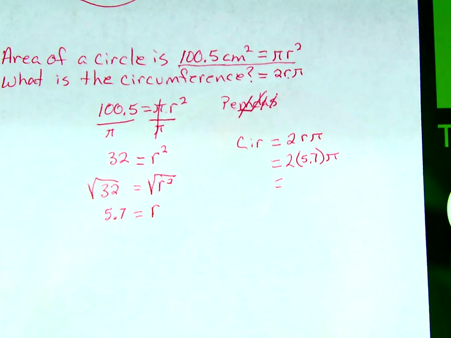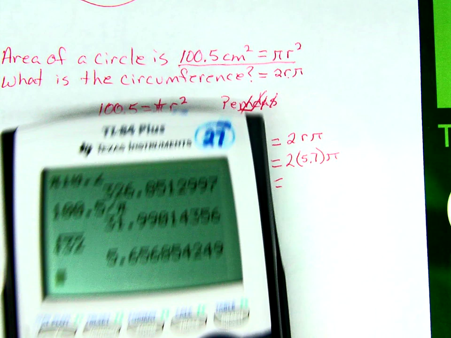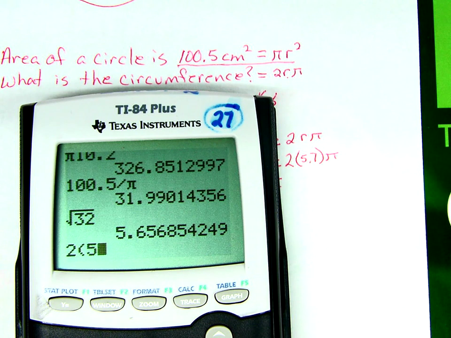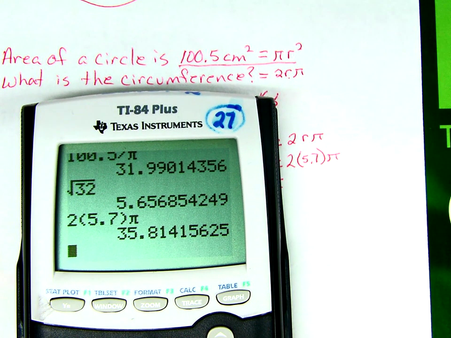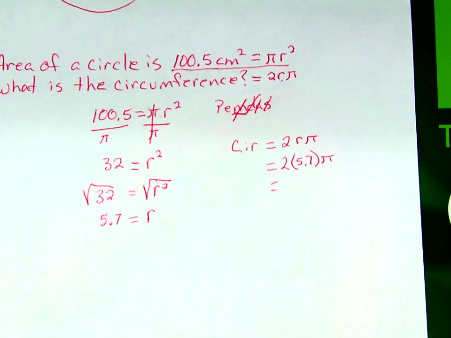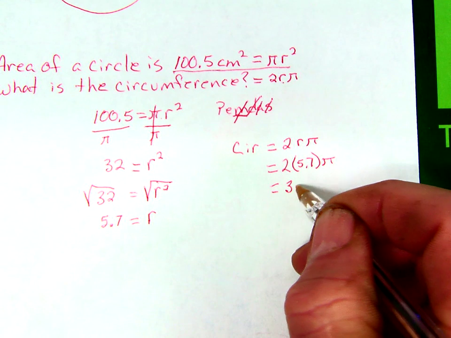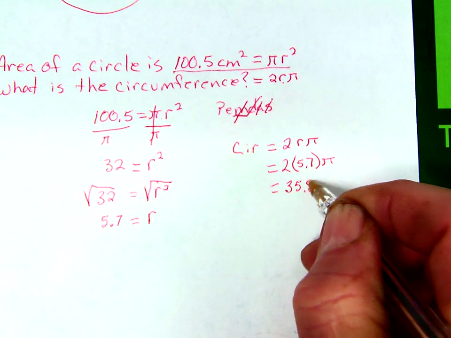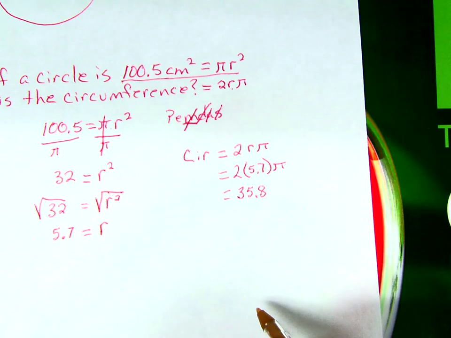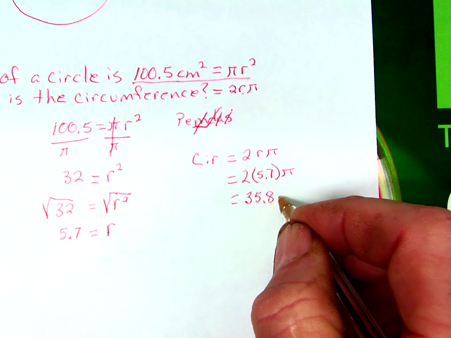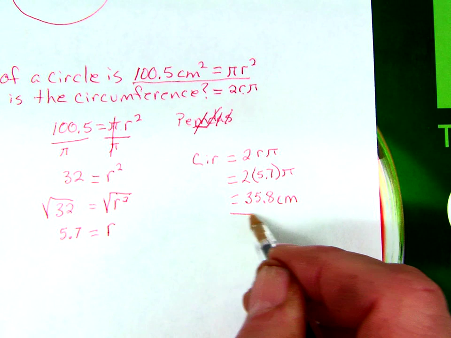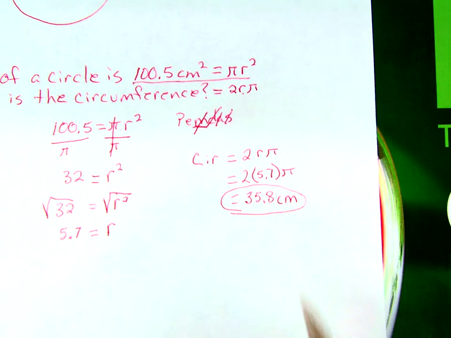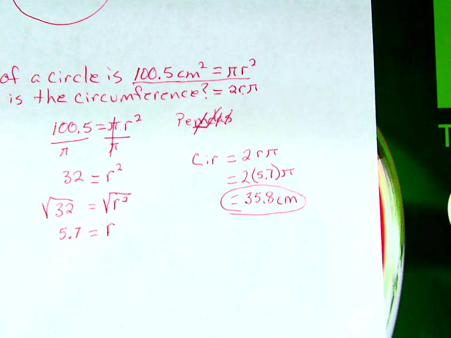Type that in the calculator just the way that it looks. 2, 5.7 pi, 35.8. This is a circumference, so it's a measure to the first power. So the answer is 35.8 centimeters.